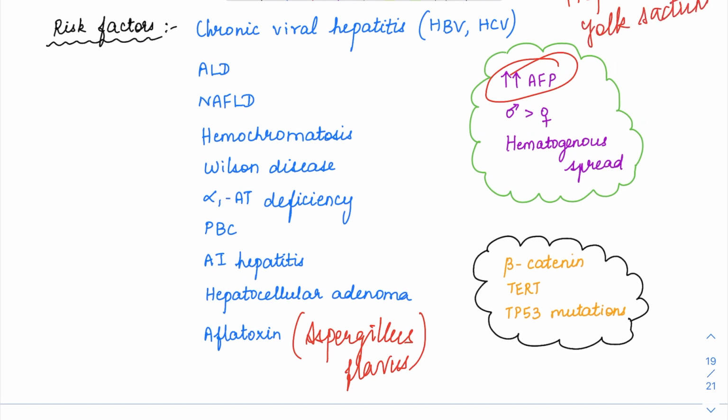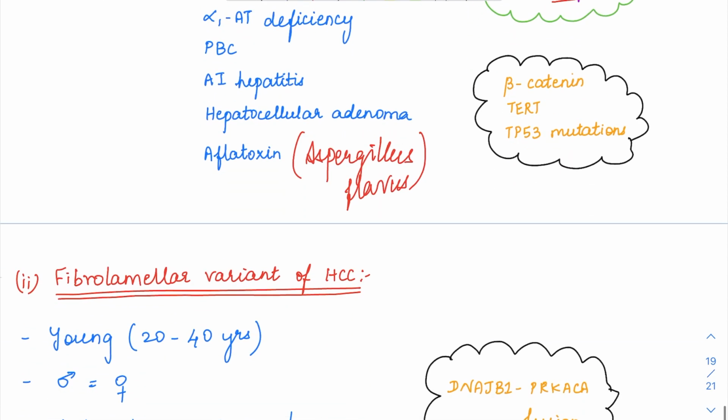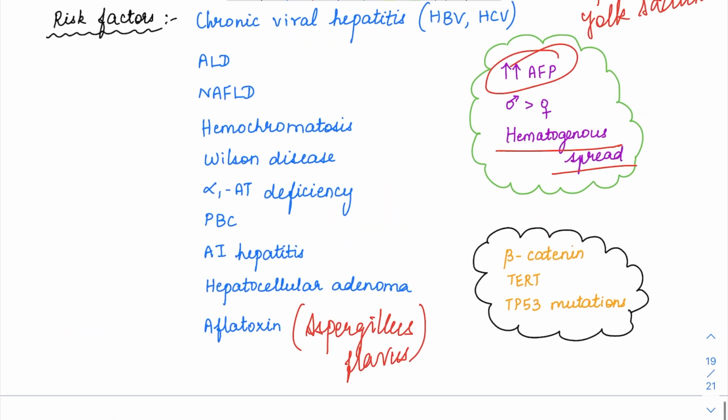So in all these three conditions you can have elevated AFP levels. Even though it is a carcinoma, it is going to undergo hematogenous spread, like that of a renal cell carcinoma. Then the mutations associated with hepatocellular carcinoma will be beta-catenin mutations, TERT promoter, and TP53 mutations.